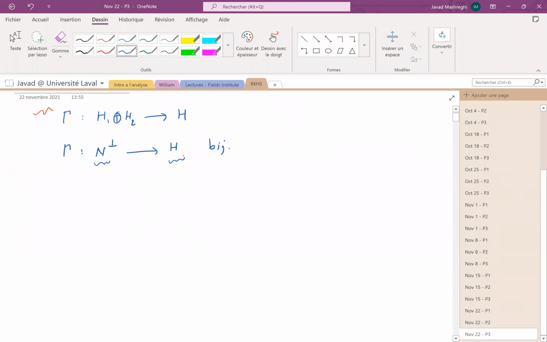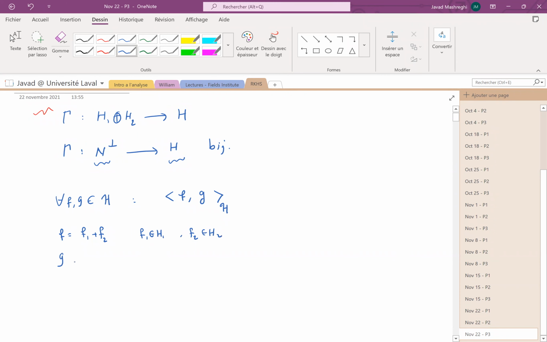And more explicitly, for any F and G in H, we have the inner product of F and G in H. Note that F can be written as F1 plus F2, where F1 is in H1 and F2 is in H2.